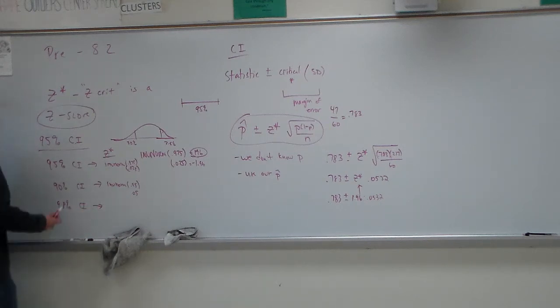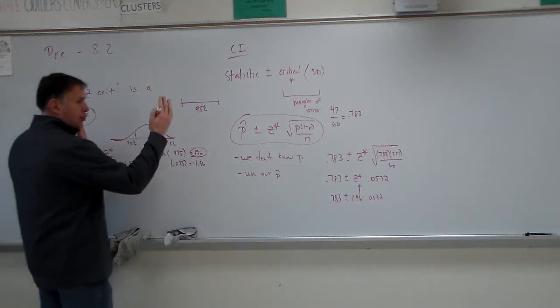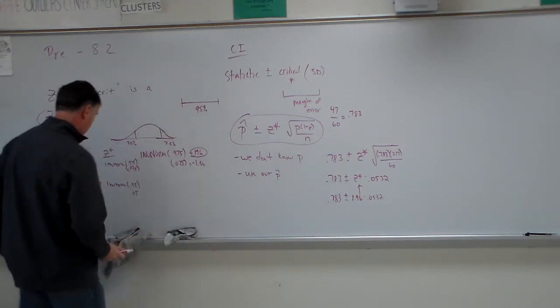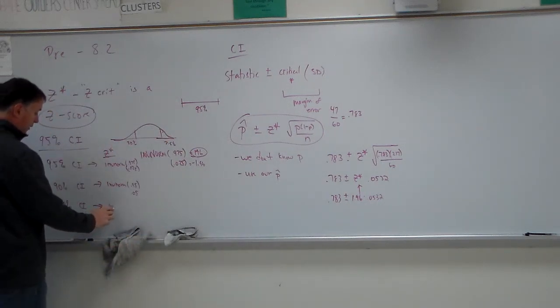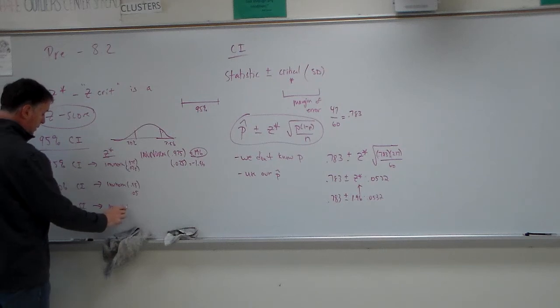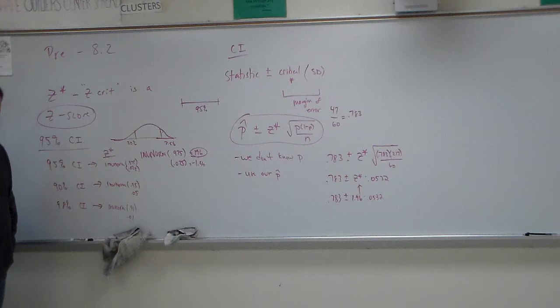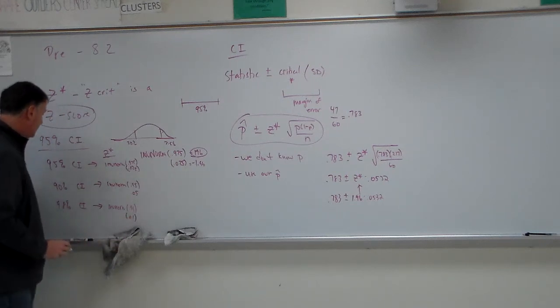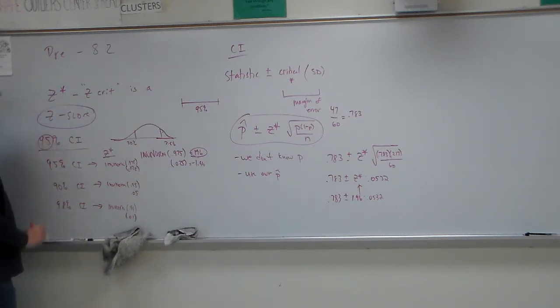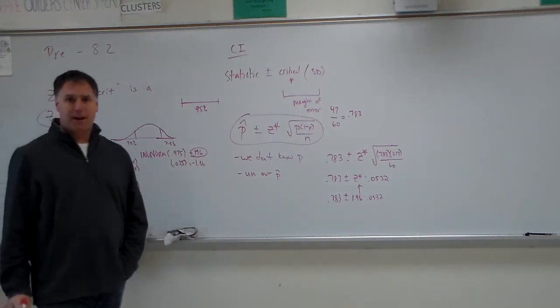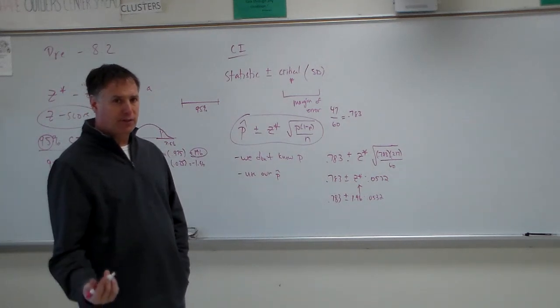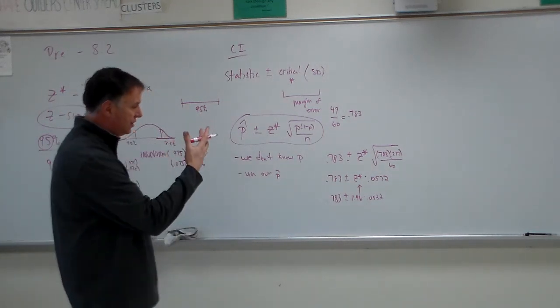Well, there's 2% in both tails. So we would do inverse norm 0.99 or 0.01. So you take the amount that's left from 100 and divide it by 2 to find your critical value Z.